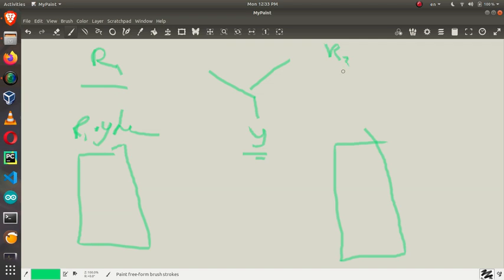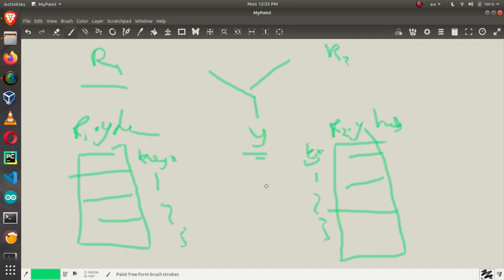Let's hash the tuples of R2 based on column Y, which exists here. Also R2.Y hash table. Here are the keys: key 0, 1, 2, 3, key 0, 1, 2, 3.